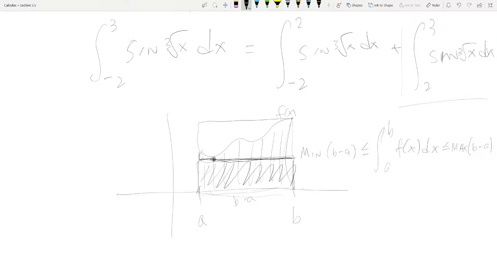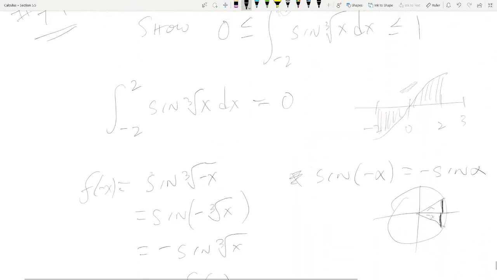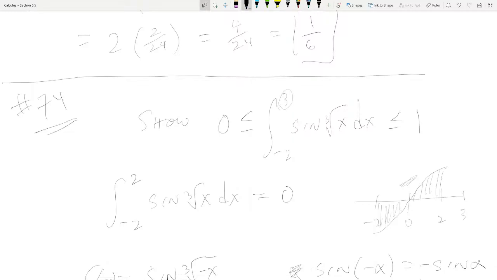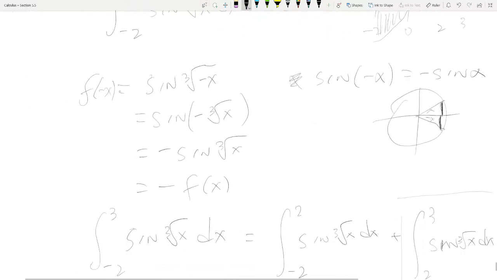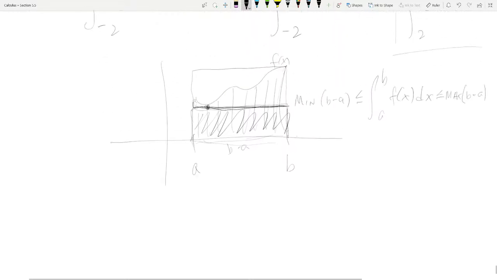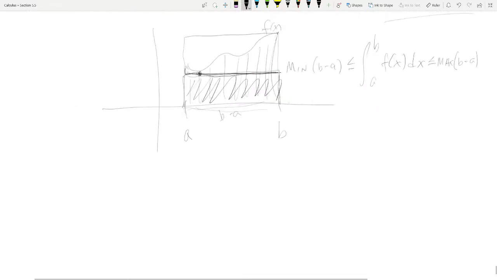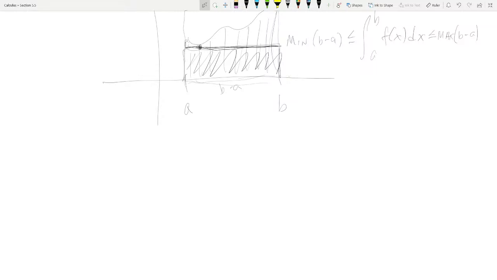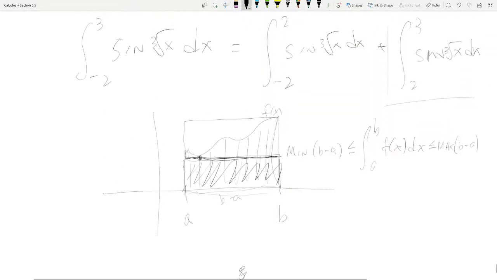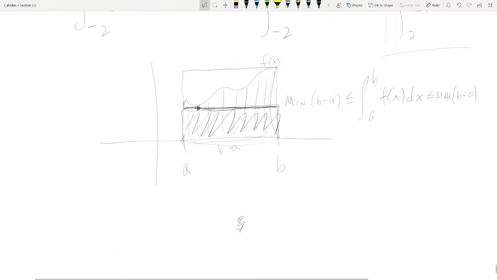So you see how the area under the curve is bigger than the minimum times the length of the interval, and it's smaller than the maximum times the length of the interval. So that's what we're going to use to show what they want us to show, this inequality here. We're going to use that it's greater than those things. All right, so what is sine, what's our interval? Our interval is from 2 to 3.